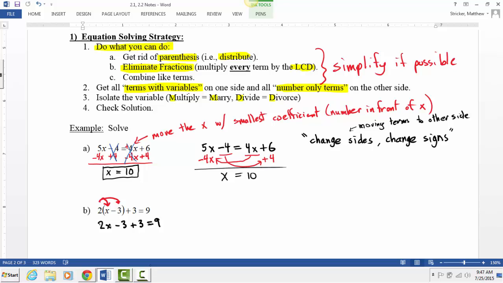And then now that we've gotten rid of the parentheses, we still don't have fractions, but there are some like terms now. We have a minus 3 and a positive 3, which is nice. That turns out to cancel. And so this gets a whole lot simpler. It becomes 2x equals 9.